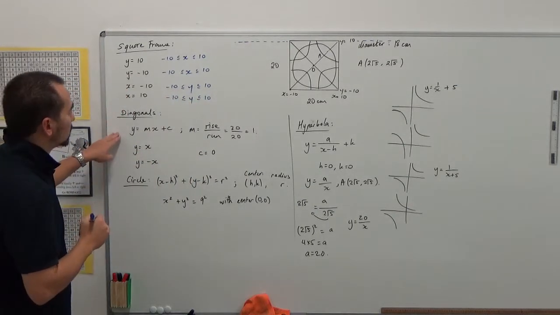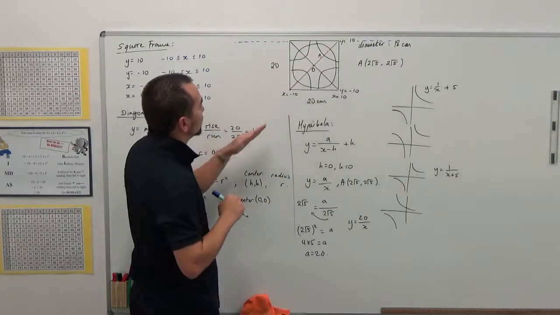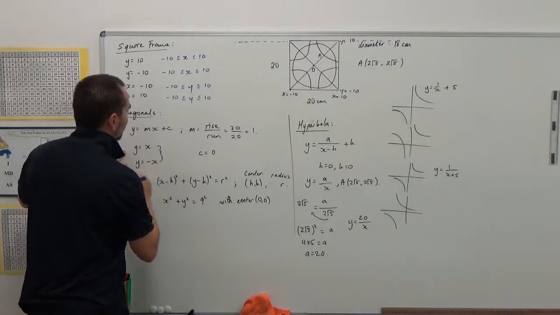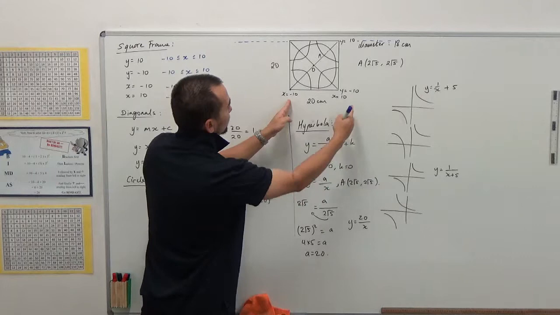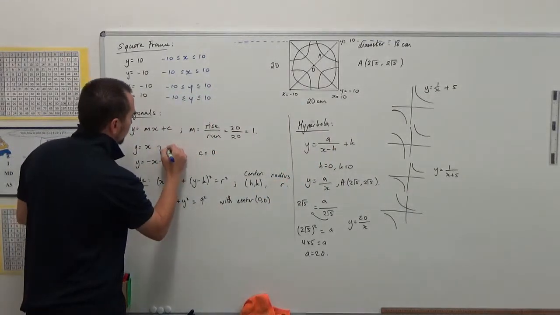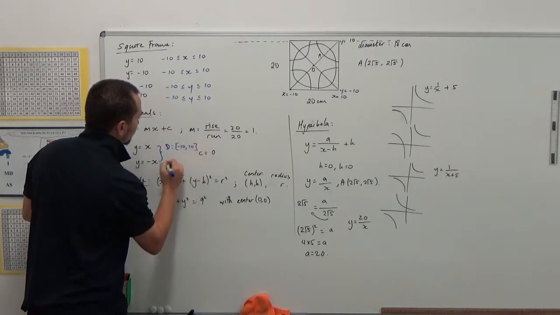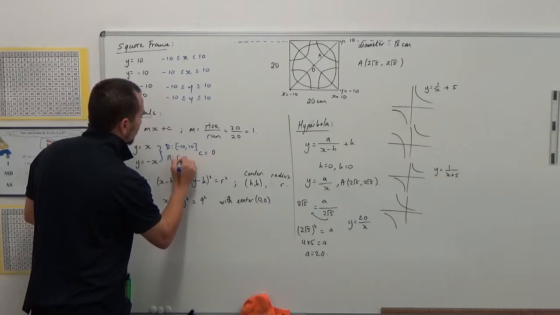For the diagonals, which are going in this direction, the domain and the range for both cases each go from negative 10 to 10.